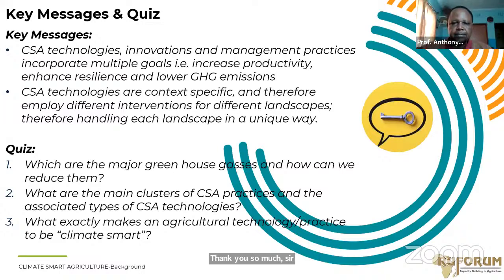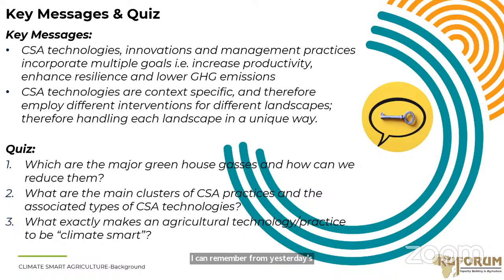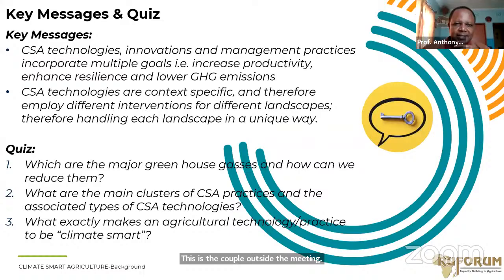Yes, Harriet. I can remember from yesterday's session, the major greenhouse gases: carbon dioxide, methane, nitrous oxide. Good, that's great. Carbon dioxide is the biggest contributor, or rather, we as humans contribute most to it.